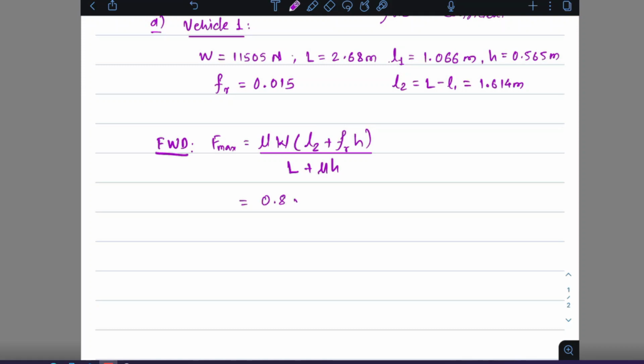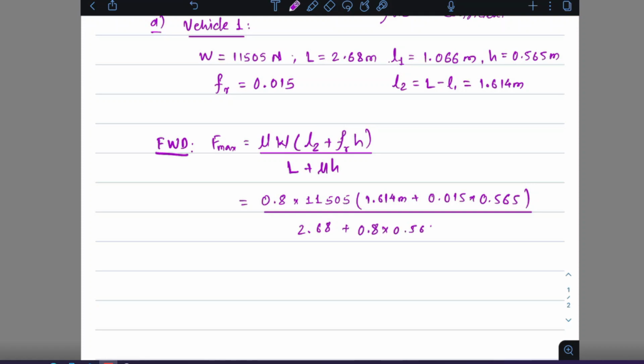So 0.8 into 11,505 newtons into L2, which is 1.614 meters, plus 0.015 into H, which is 0.565, divided by 2.68 meters, that is the wheelbase, plus the friction coefficient 0.8 into 0.565.